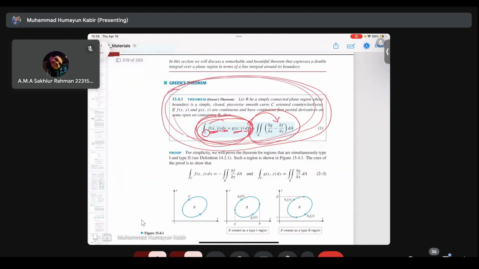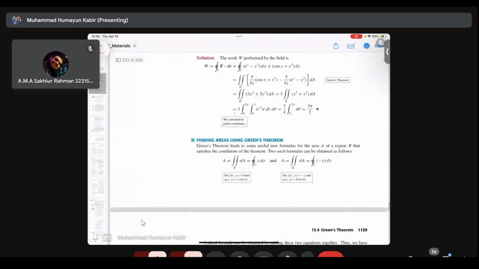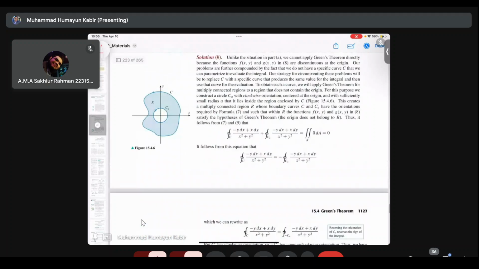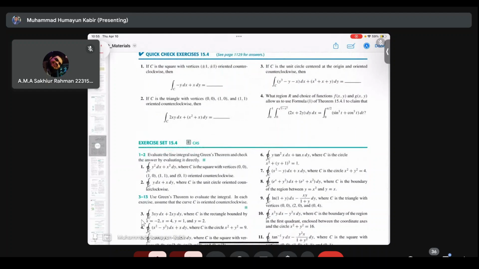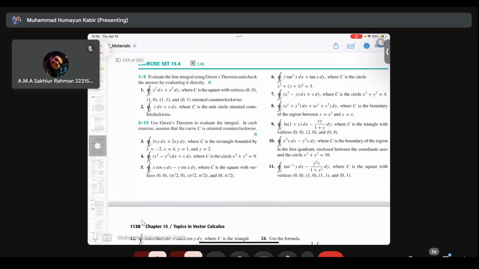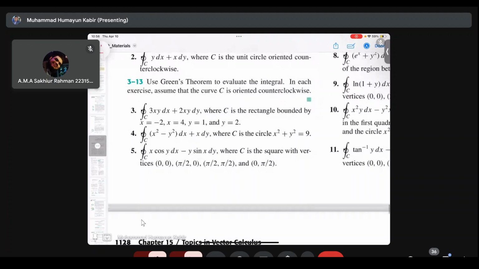Understood what I am saying? Any question? Yes. Okay, so now let me show one problem. Of course, you should have a look at the examples. I want to show one problem from the exercise. From 3 to 30, use Green's theorem to evaluate the integral.